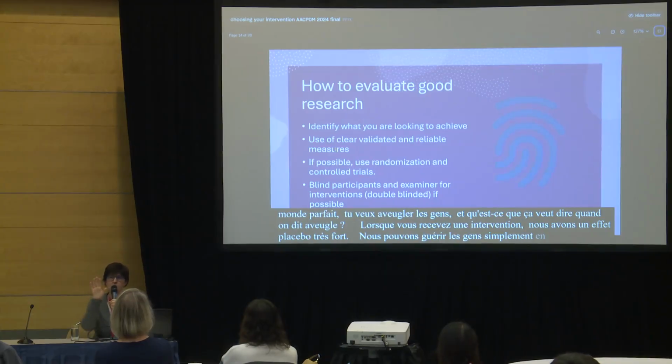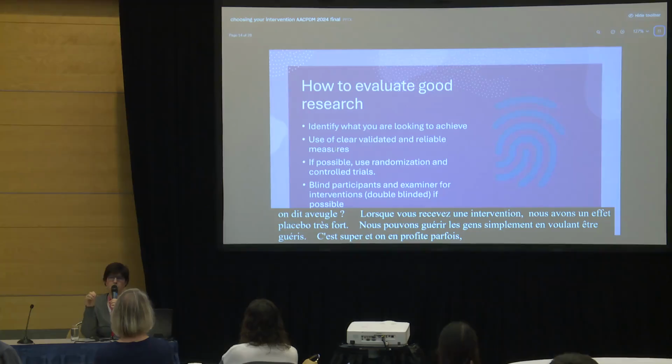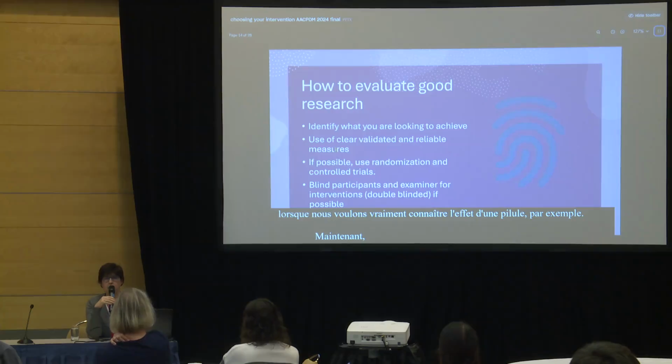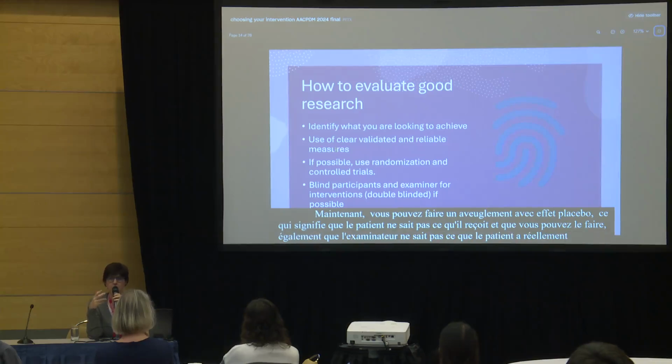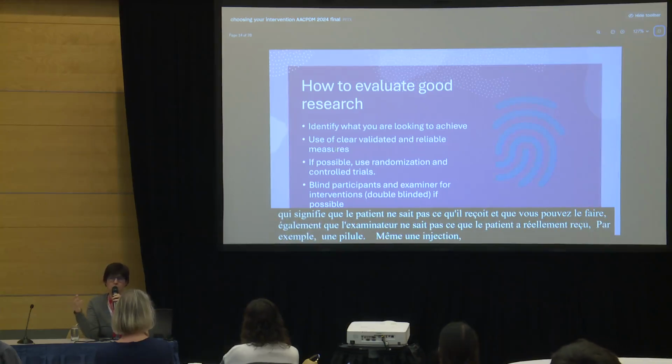But we need to separate it when we really want to know the effect of, let's say, a pill. Now you can do placebo effect blinding, meaning that the patient doesn't know what they're getting, and you can do it also that the examiner doesn't know what the patient actually got when it's, for example, a pill. Even an injection, you can inject someone and have a control group and give them salt water, saline, which is innocent, and you can inject it and compare the results.